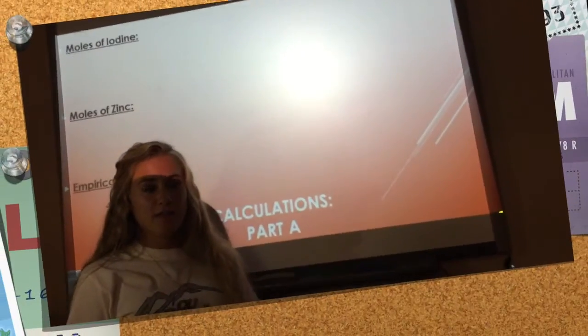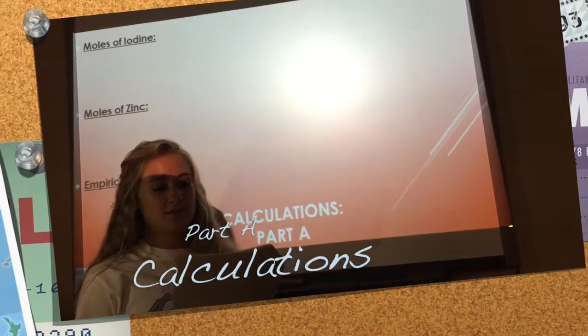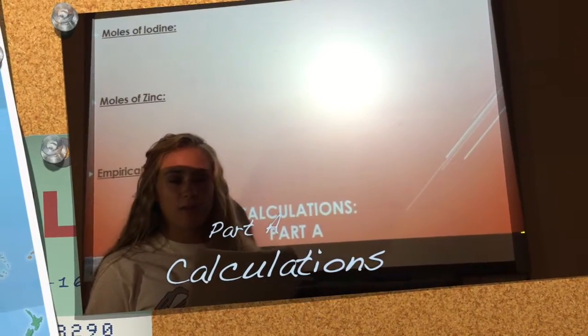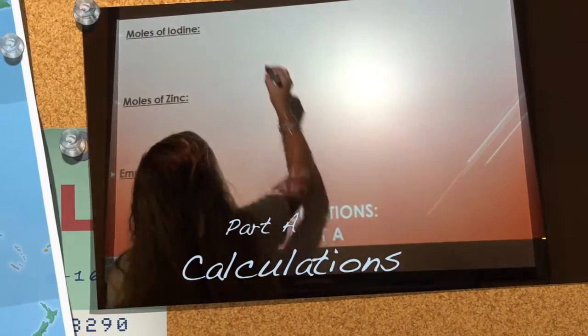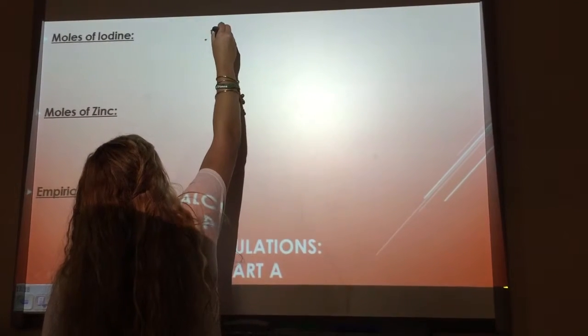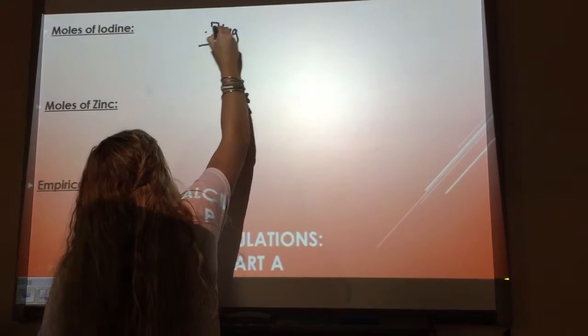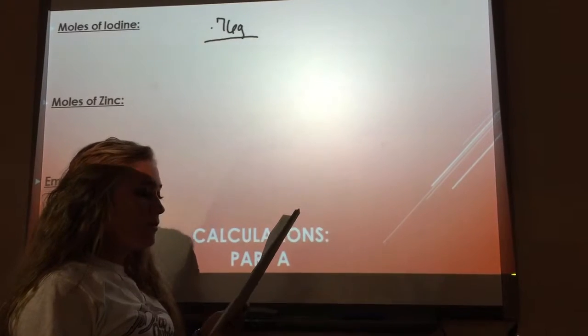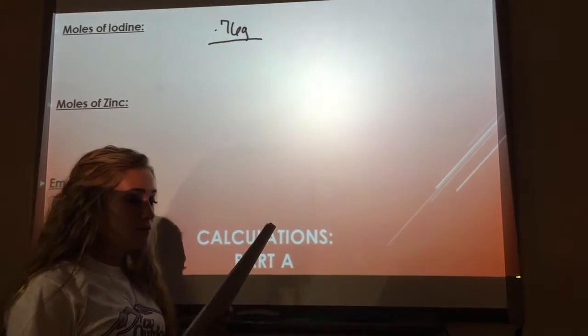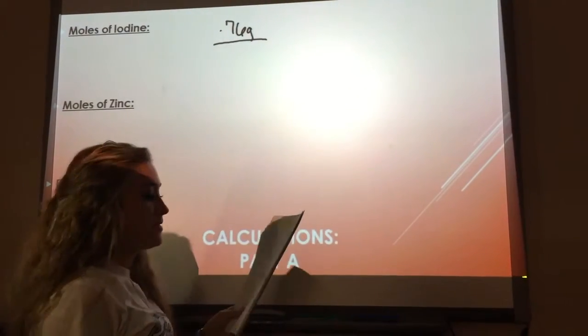For part A of our calculations, we have to find the moles of iodine. So to do this, we need to take the mass of iodine weighed, which is 0.76 grams, and divide that by the molar mass of atomic iodine, which is 126.90 grams per mole.